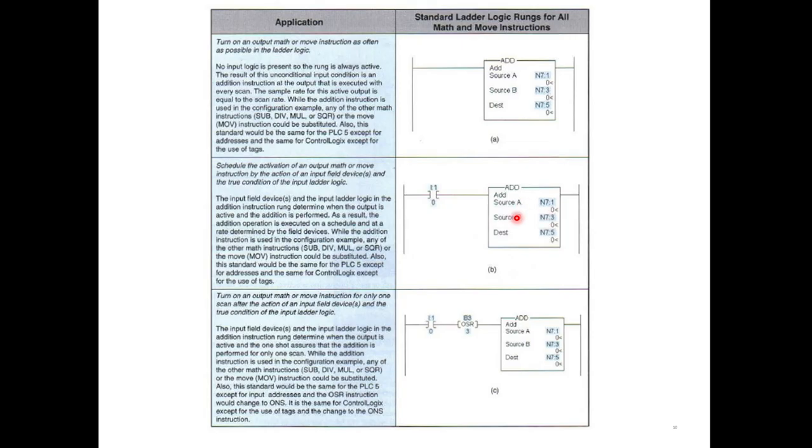It will keep on doing this addition. And in this case, we are using something called a one-shot register. This one-shot register makes sure that only when this goes from false to true, only during the transition time, it will do the addition. It will not keep on doing the addition as long as this rung is true. It will only do the addition once, when it goes from false to true.